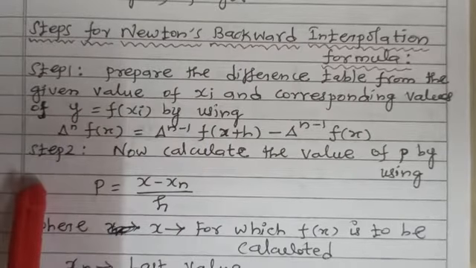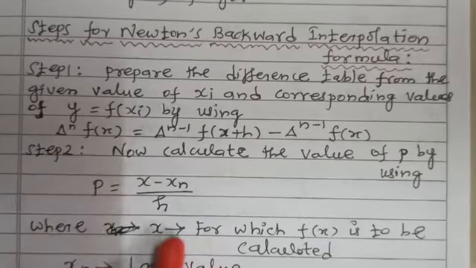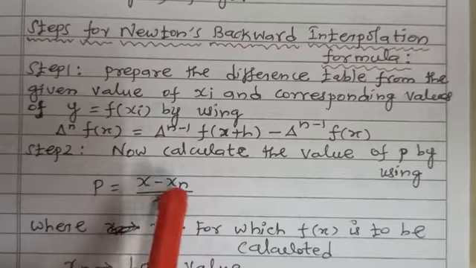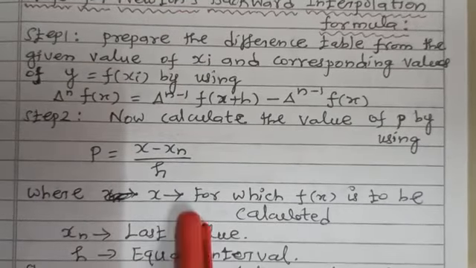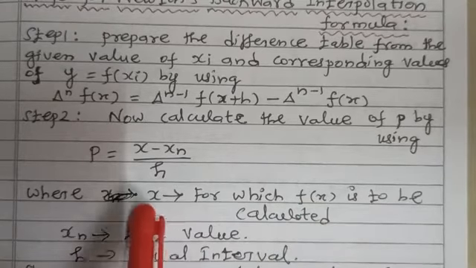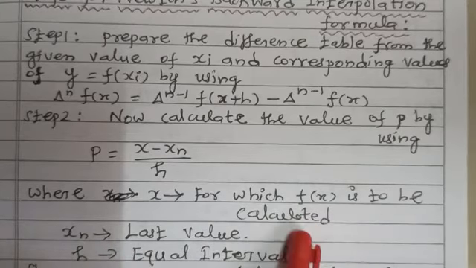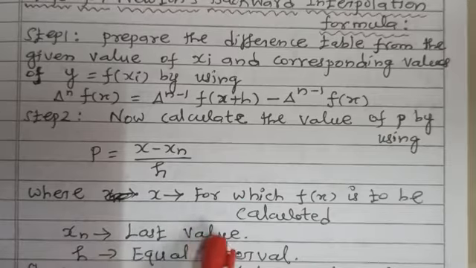Step number 2, we have to calculate the P value. How to find out the P value? P equals X minus Xn divided by H. Here X is the value for which f of X is to be calculated, and Xn is the last value.